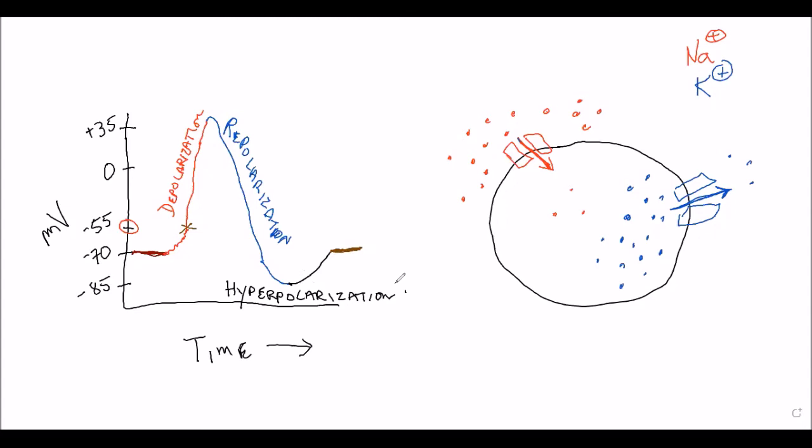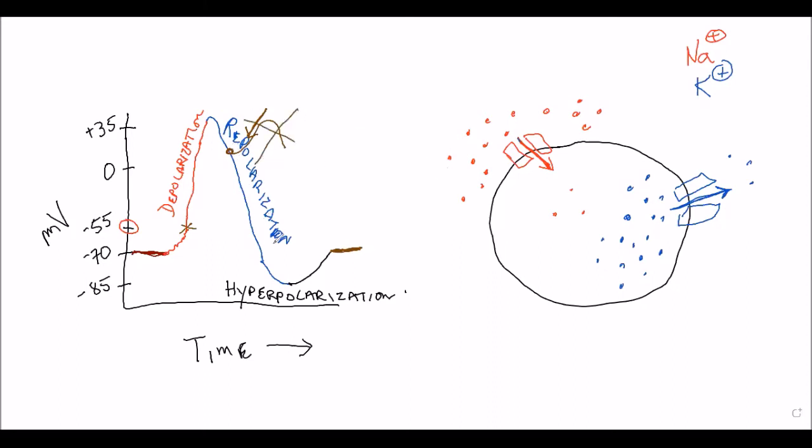Now, the other thing too, if I stimulate the cell when an action potential is happening at this level here, you are not going to get another action potential going up like this. That does not happen.